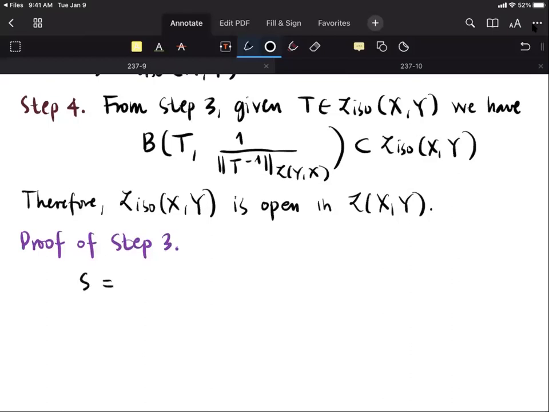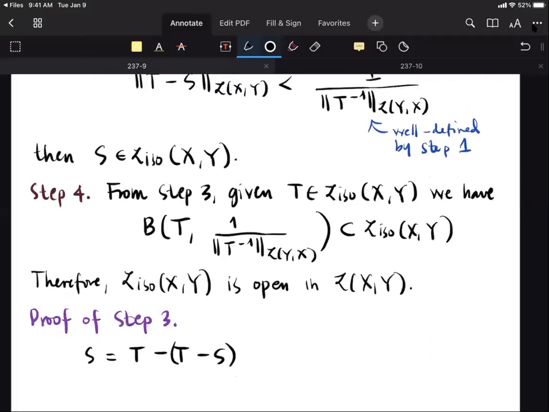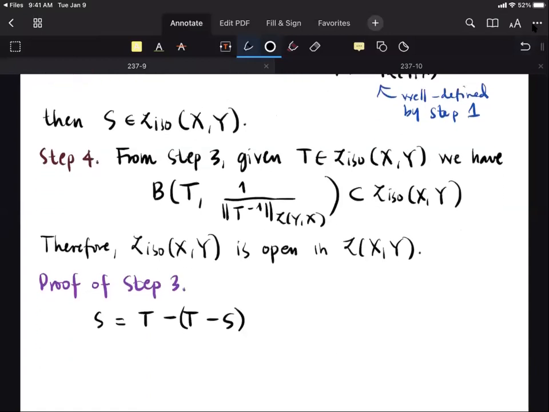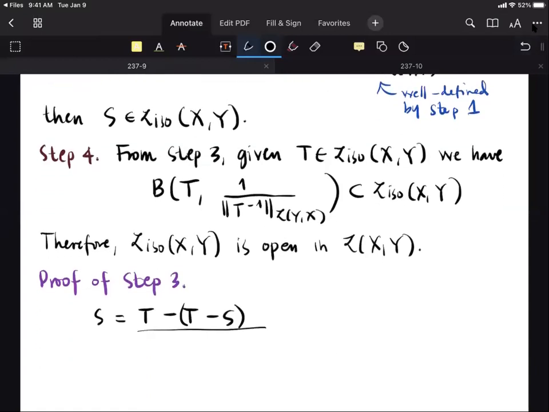S is equal to T minus T minus S. Here we write S using this information in terms of T minus S. To compensate that, we need to subtract this from T.